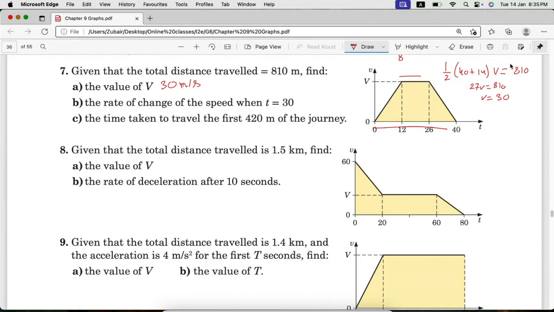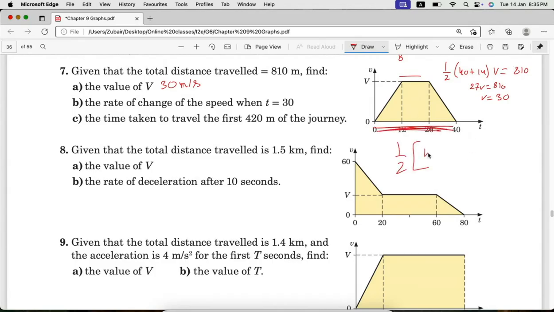Sir, can you explain this one again? Haris, just the area of the trapezium. 1 by 2, sum of parallel sides.